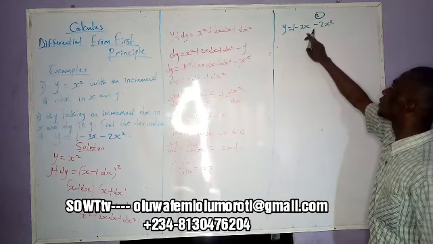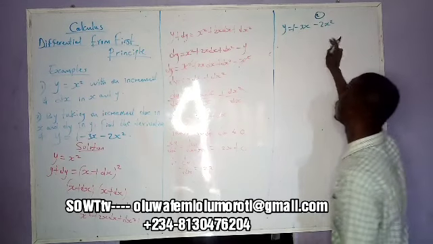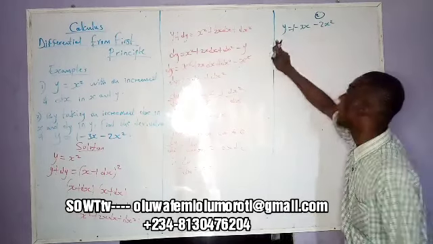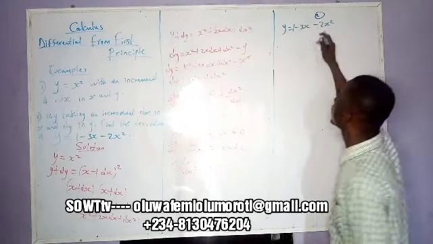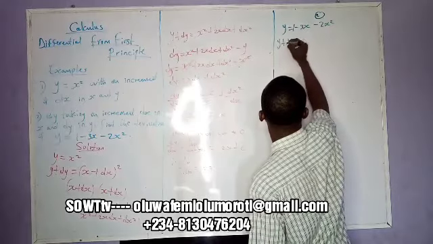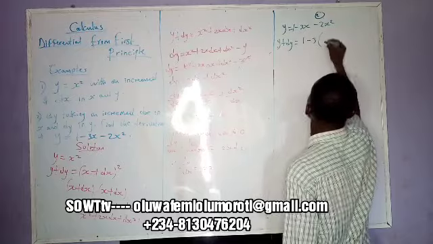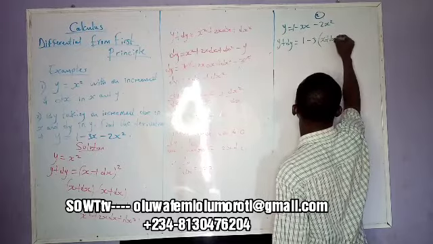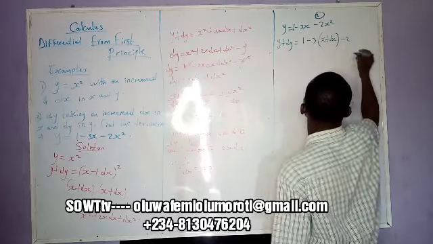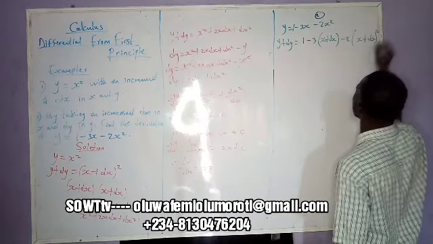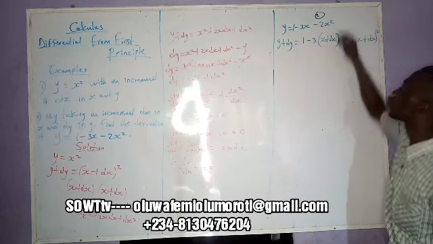First step, increase y by dy and x by dx. So we have y plus dy equals 1 minus 3 open bracket x plus dx close bracket minus 2 also open bracket x plus dx, into square because of the power of 2.